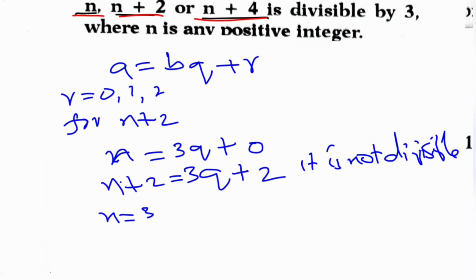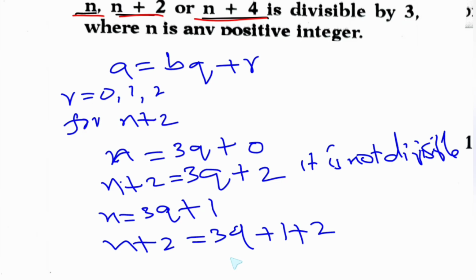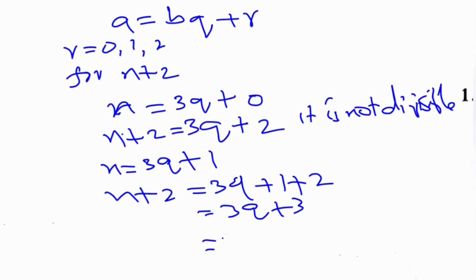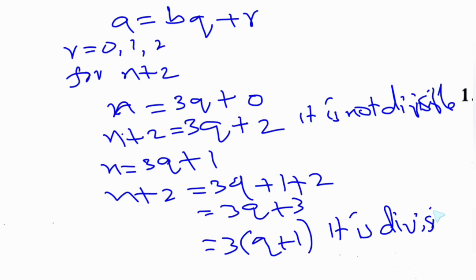n is equal to 3q plus 1 and n plus 2 is equal to 3q plus 1 plus 2, which is 3q plus 3. If you take 3 common, 3 times q plus 1, it is divisible by 3. It is divisible by 3, n plus 2.